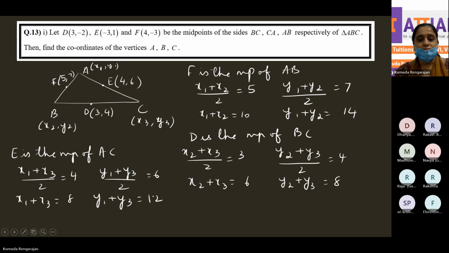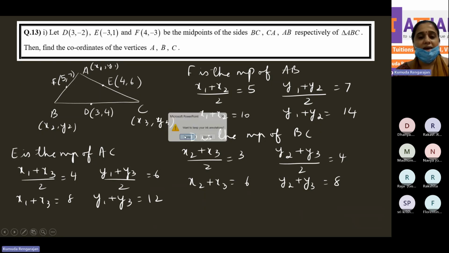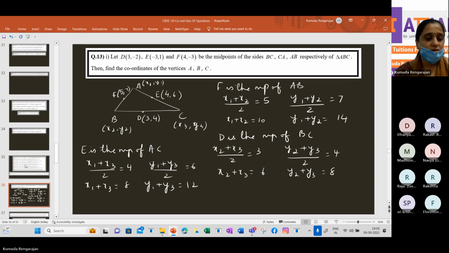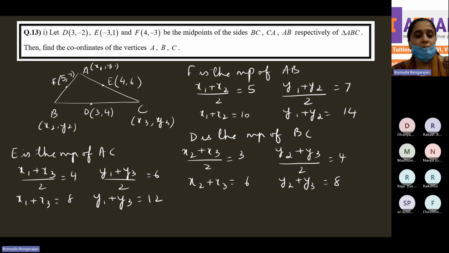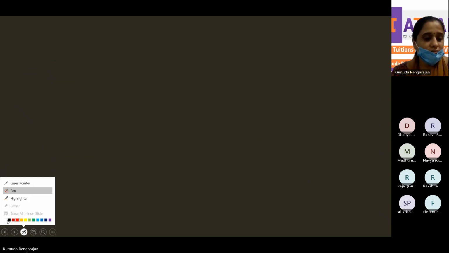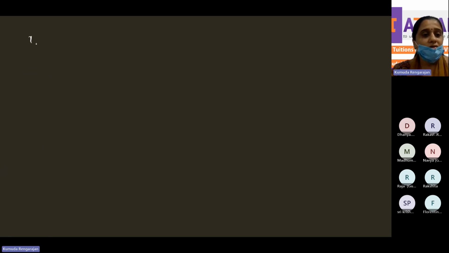Now, we need to write the x equations one below the other. Okay, the x equations. What do we have? x1 plus x2 is equal to 10.